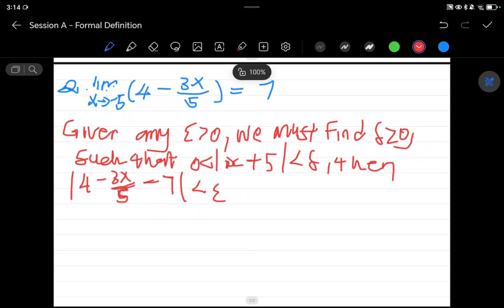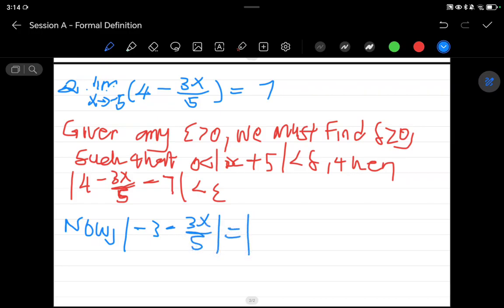So we can now say, we have 4 minus 7. What do we get? 4 minus 7 is minus 3. Minus 3x over 5, which is equal to this. Remember, the aim is to arrive here at x plus 5. So what we can do first is take this x plus 5 and write it here. Then we take this minus 3 over 5.